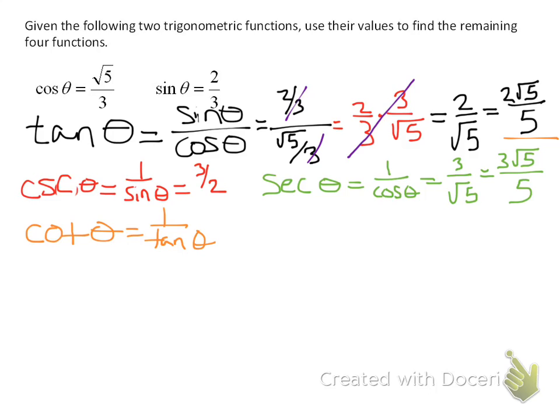So instead, I'm going to go backwards a step to 2 over the square root of 5, and I'm going to reciprocate that, and that's going to give me the square root of 5 over 2. Because if I reciprocate this first one, 2 square roots of 5 over 5, then I'm going to have this square root of 5 in the denominator. So I'm going to have to rationalize my denominator again, and then I'm going to have to reduce my fraction. So here, if I just use this one, I just plain old flip it, and we're done.